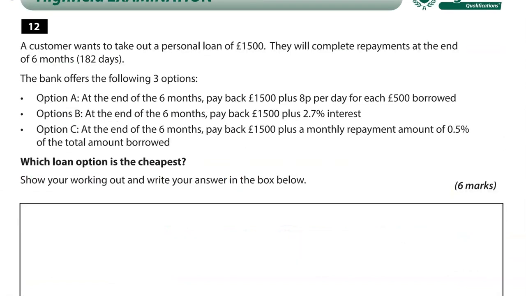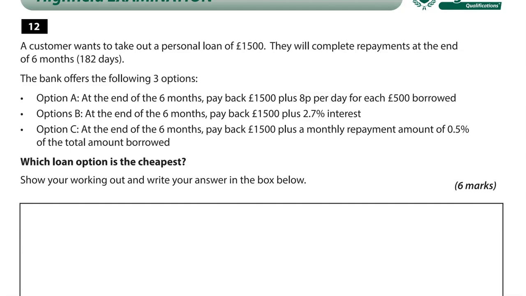A customer wants to take out a personal loan of £1,500. They will complete repayments at the end of 6 months, which is 182 days. The bank offers the following 3 options. Option A, at the end of the 6 months, pay back £1,500 plus 8p per day for each £500 borrowed.